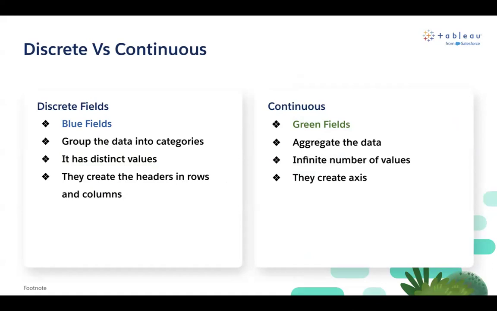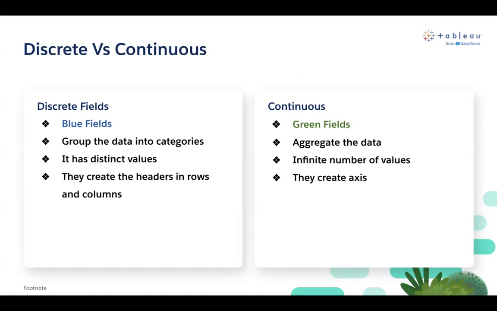Discrete fields have distinct values, and in general, they group your data into categories. Continuous fields have an infinite number of values within a range. Whenever you pull in a continuous field, Tableau creates an axis, and when you pull in a discrete field, Tableau creates headers. This might look a little complicated, but I'll explain with Tableau so it will be easy for you.